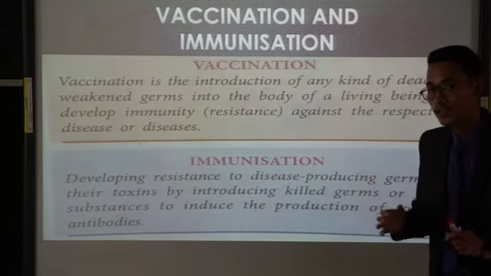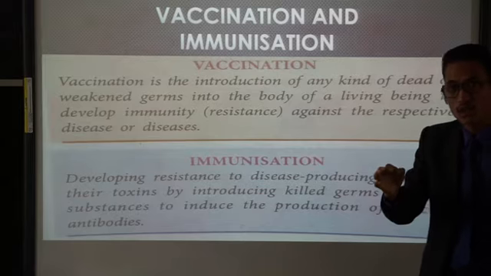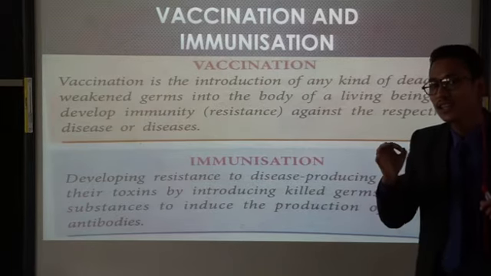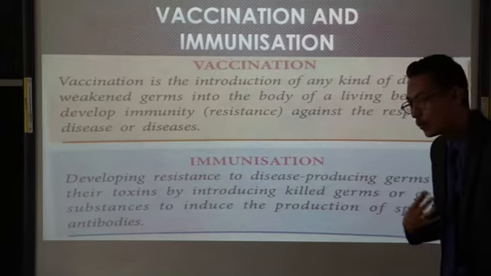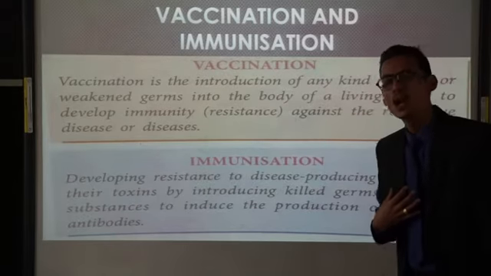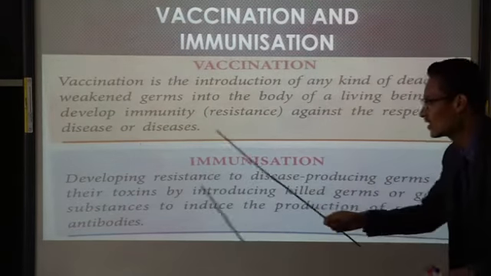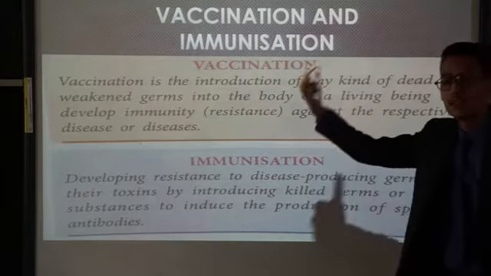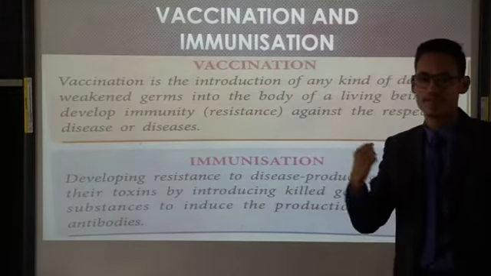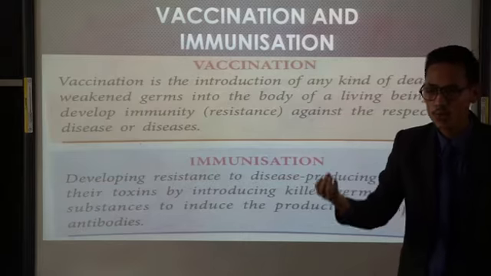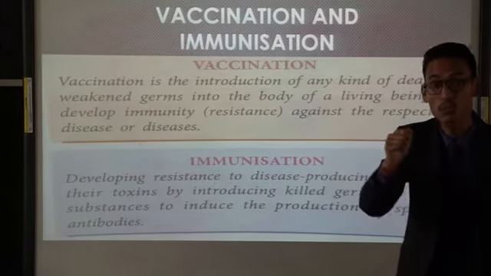So what is vaccination? It is the introduction of weakened or dead germs, the microbes, into our body, so that our body will develop immunity or resistance to the disease or diseases which are caused by the microbes. For example, the polio vaccine. We are taking the virus that causes polio.